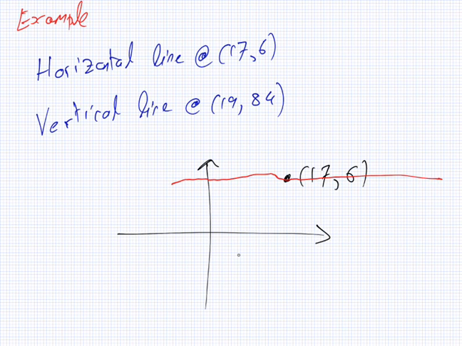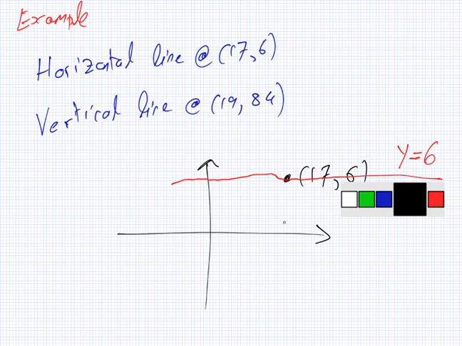So y equals 0x plus c. What's the c? 6. So the equation of the line is y equals 6. In fact, it's y equals 0x plus 6. We can forget about the 0. So it's just y equals 6.